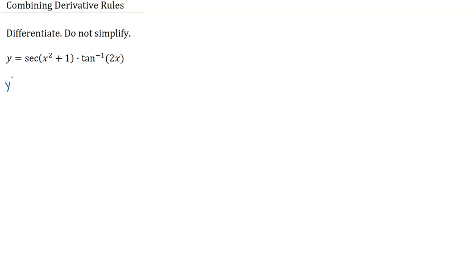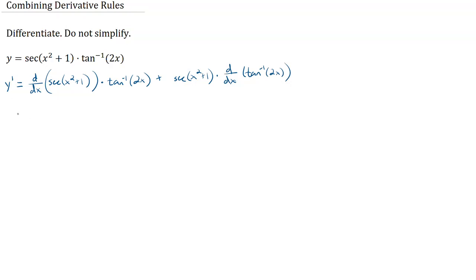So we'll say y prime equals the derivative of the first function, the derivative of the secant function, times the second function, we'll leave that one untouched, plus the first function, the secant function, times the derivative of the second function, arctan of 2x. Okay? And now we're going to focus on the two derivatives we need to do here.